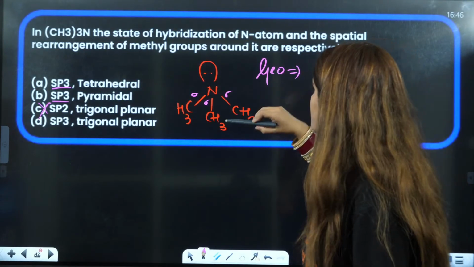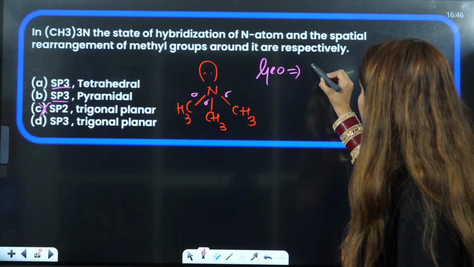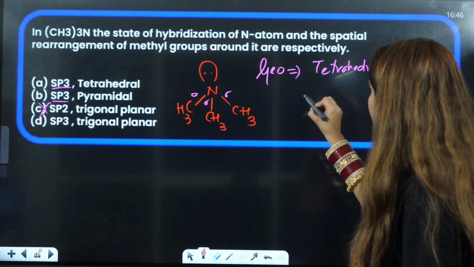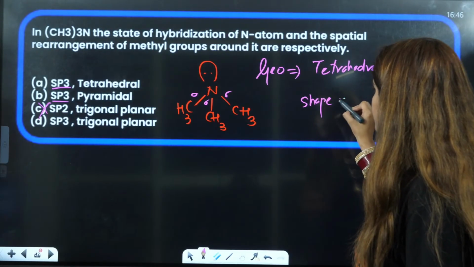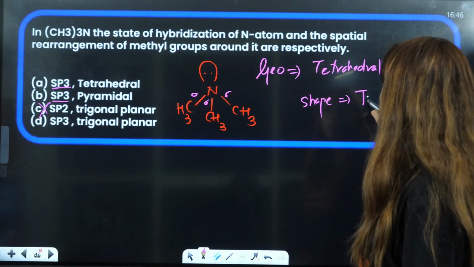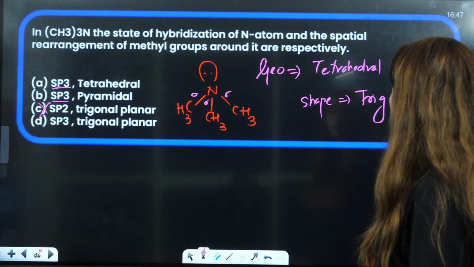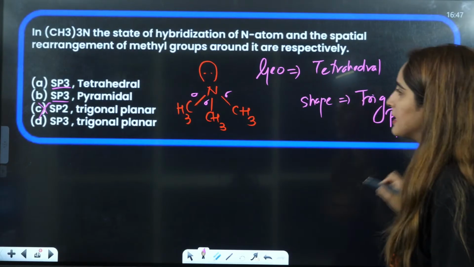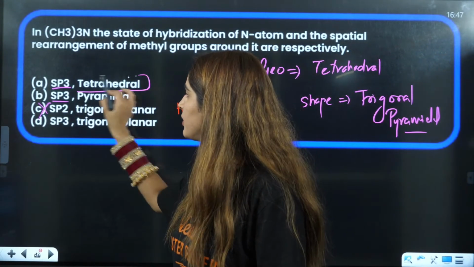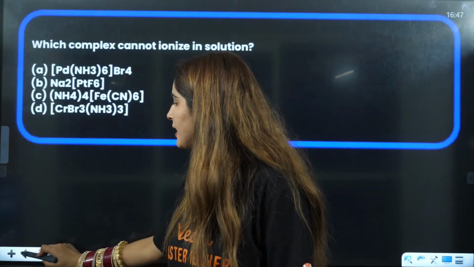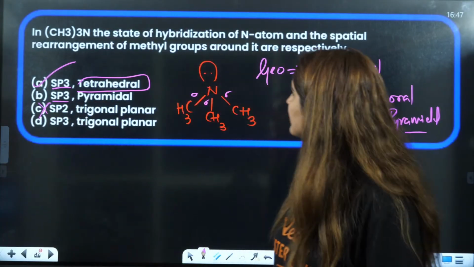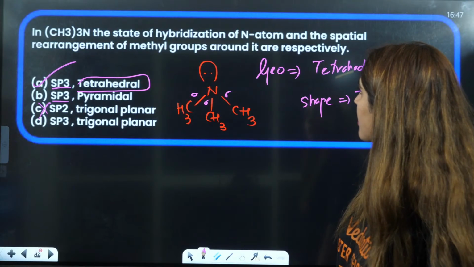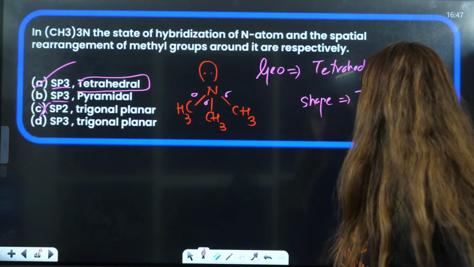What is the geometry? The geometry is going to be tetrahedral, and the shape is going to be trigonal pyramidal, and because of the repulsions the angle will also slightly change here, right? So here they have given us only geometry, so the answer is going to be A, right?